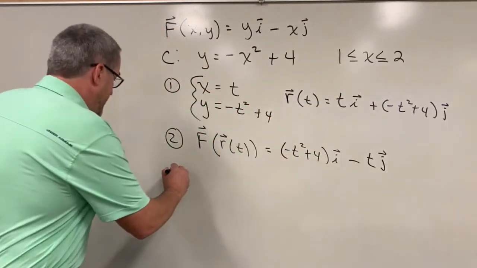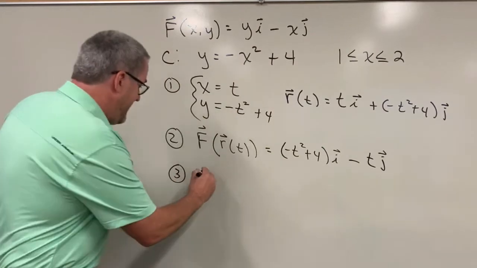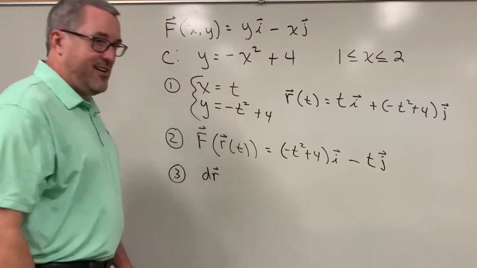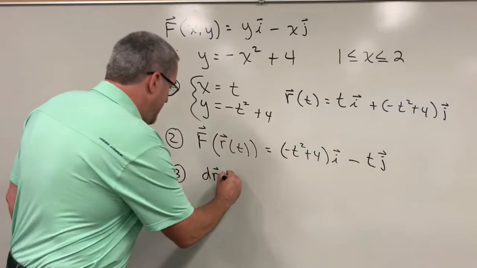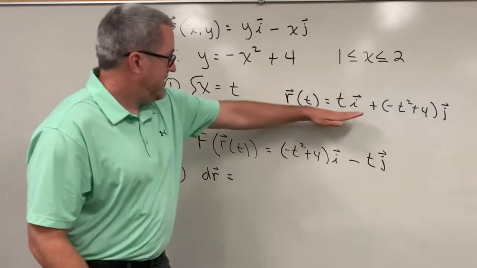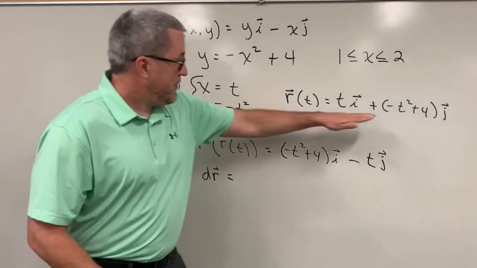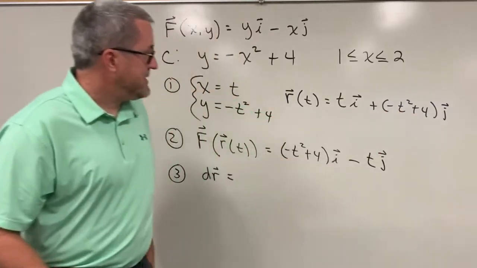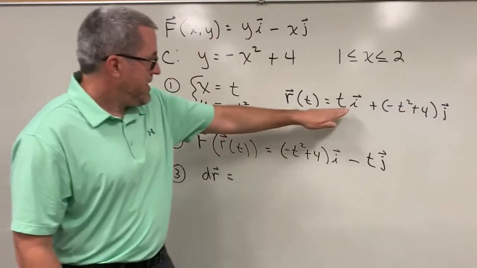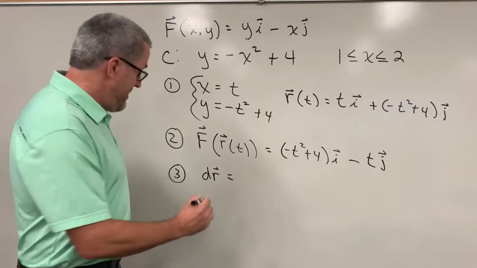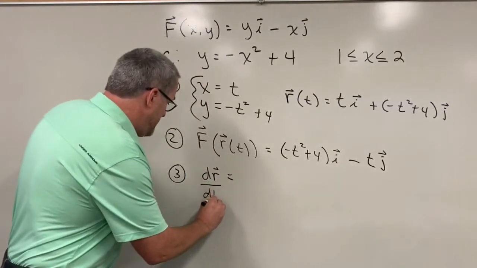Now remember, in step 3, we need dr. And so, we need the derivative of r. So we just differentiate each of the two components of that vector valued function. The derivative with respect to t, by the way, it's really the derivative with respect to t.